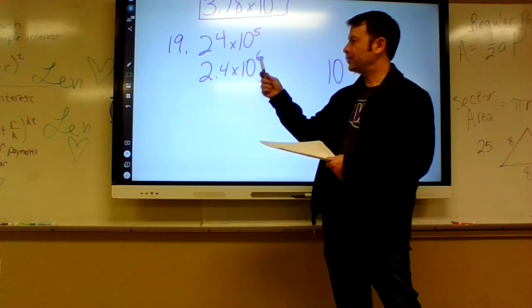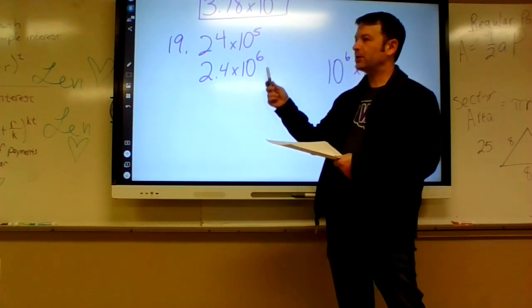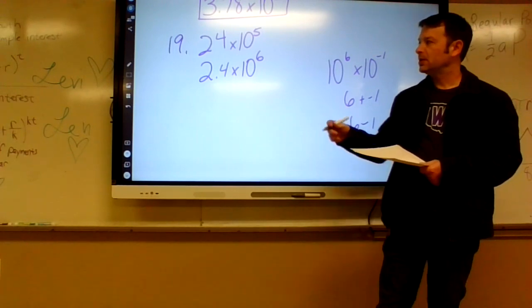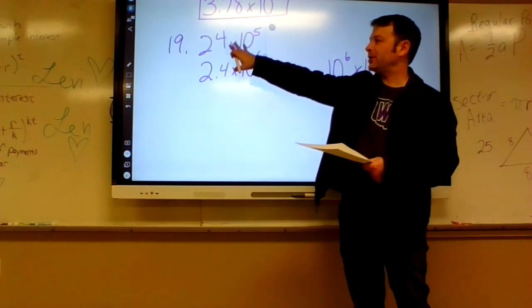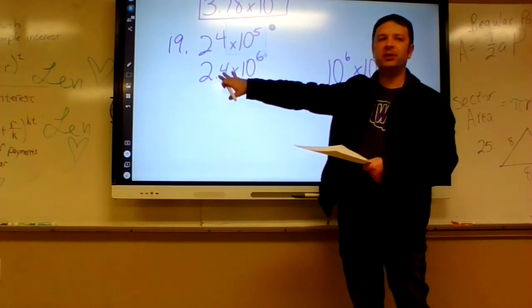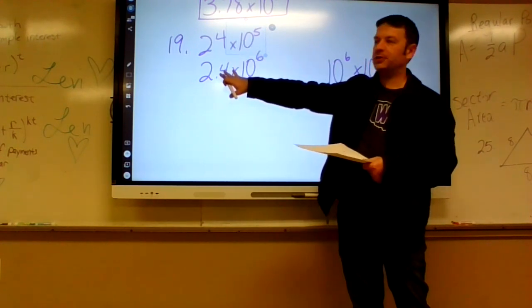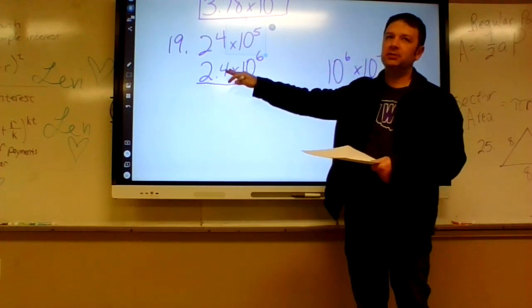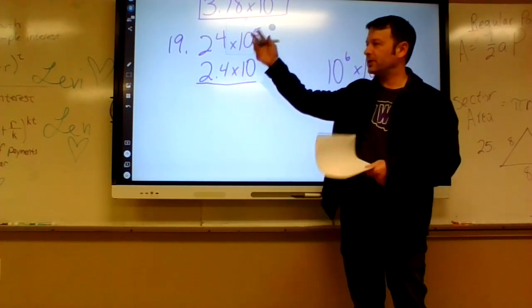To make up for it, I made this number bigger. These two values, guys, are the exact same thing. Did you guys get that? This and this are both equal. What's the difference? The difference is this is scientific notation. This is not. That's it.